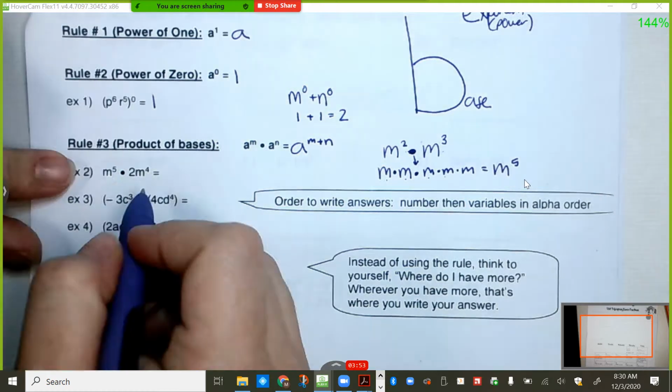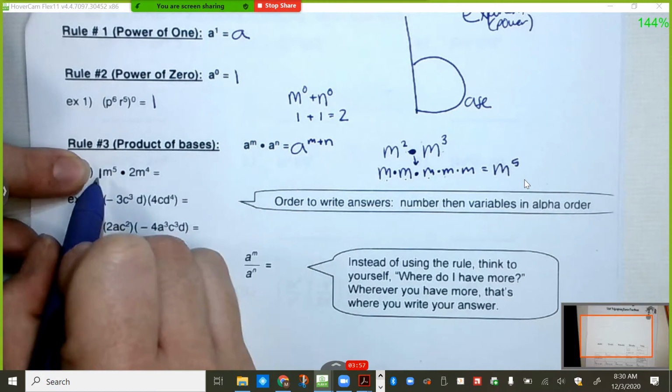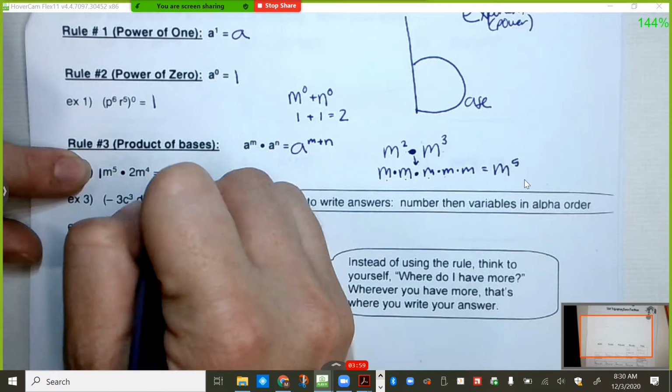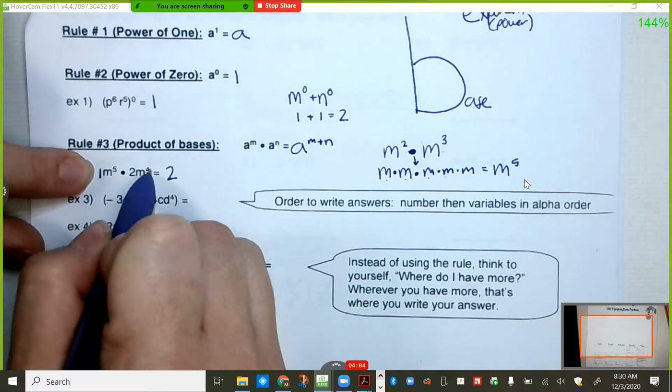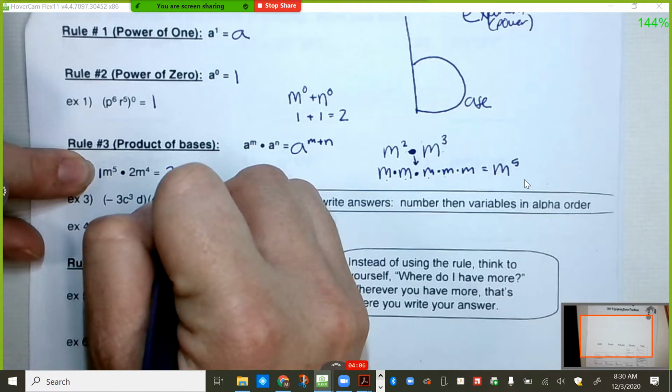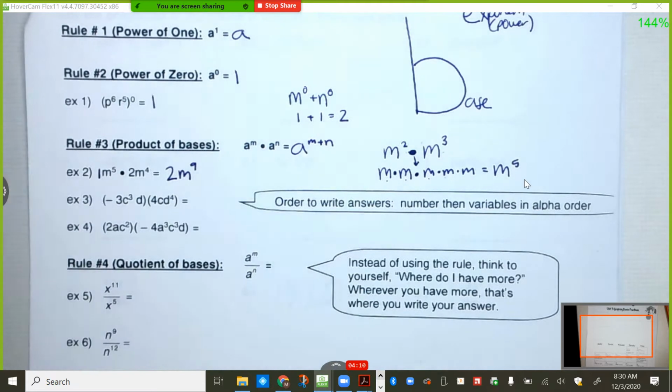Now remember, if I don't have a number, I can put a 1. What's 1 times 2? 2. And what's m to the 5th power times m to the 4th power? 9. There's your answer. Okay? Any questions with that?